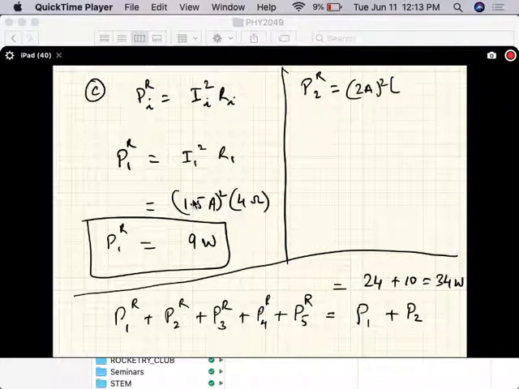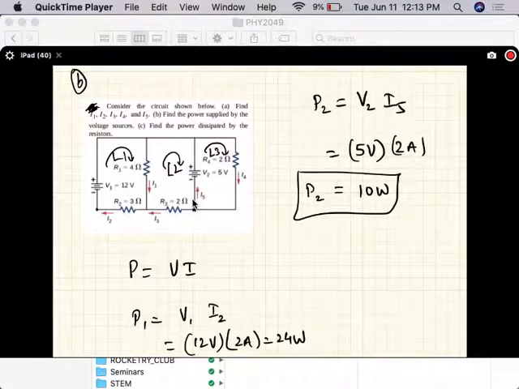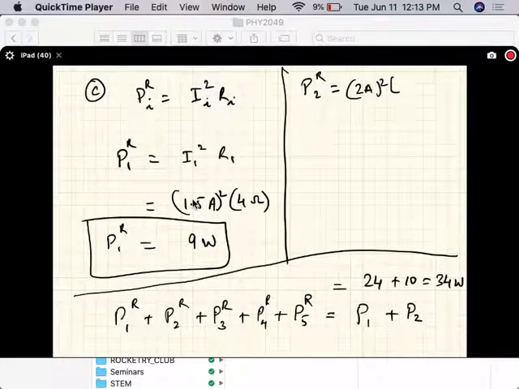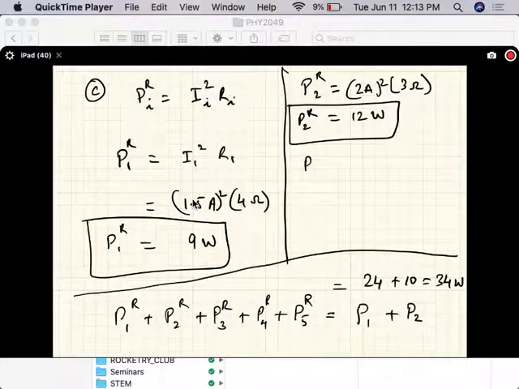What is R2? R2 is 3 ohms. So 12 watts. P3R, power dissipated in there is 0.5 amps squared.